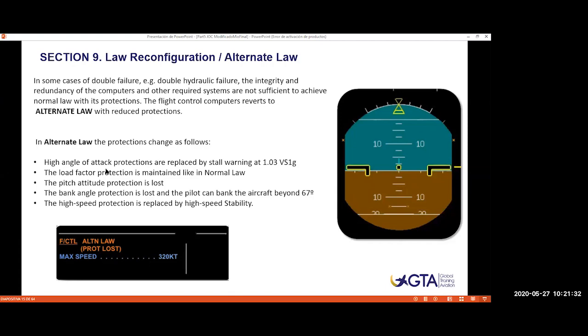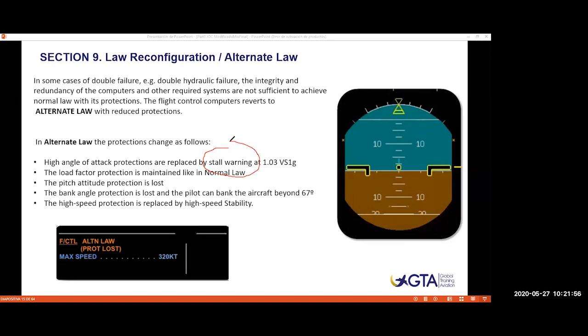The high angle of attack protection is replaced, but now, in that case, when we enter alternate law, we can have a stall warning. Remember, with normal law we don't have a stall warning because we cannot enter a stall. Here, it advises that you are entering a stall.